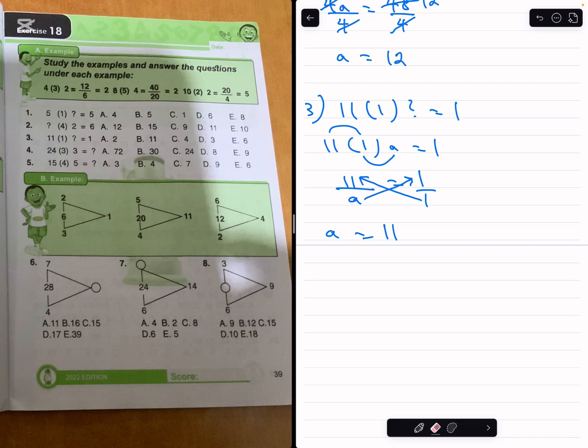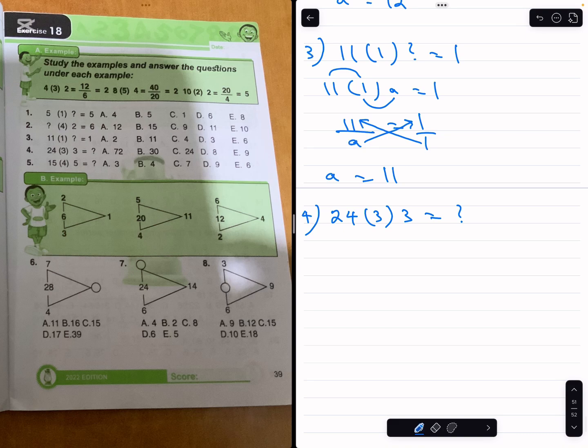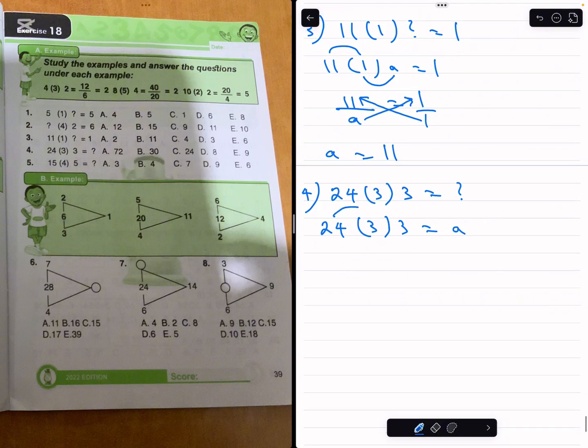Now to the fourth one, number 4. 24, 3, 3 is equal to dash. Let that dash be A. So that means 24, 3, 3 equals A. So 24 times 3, that's 72.